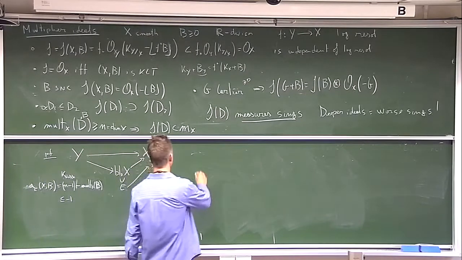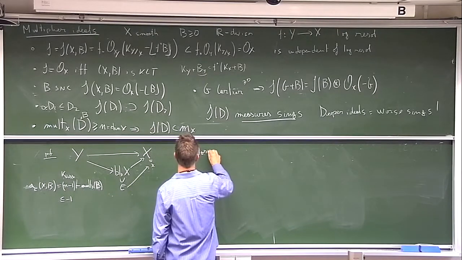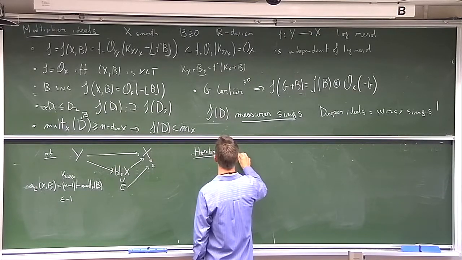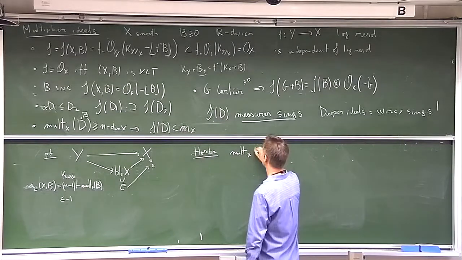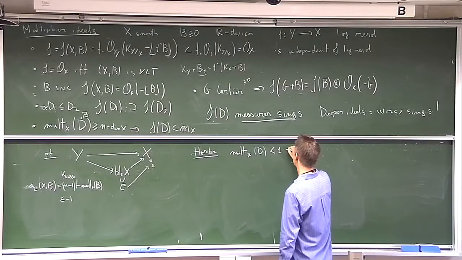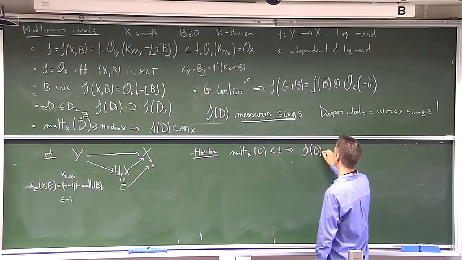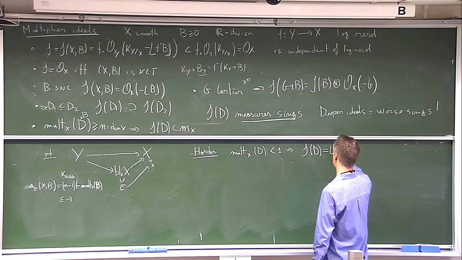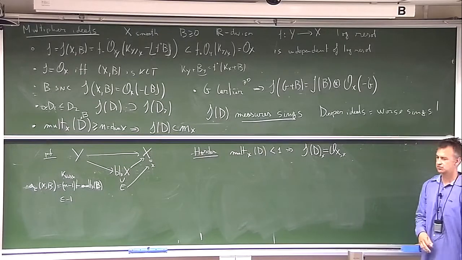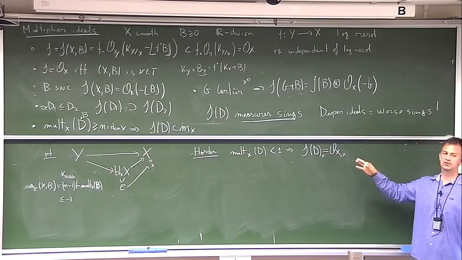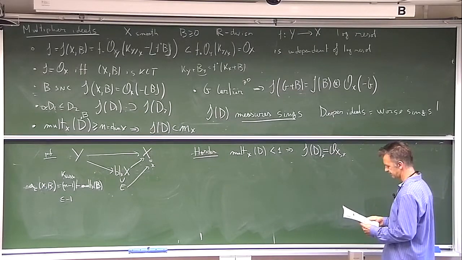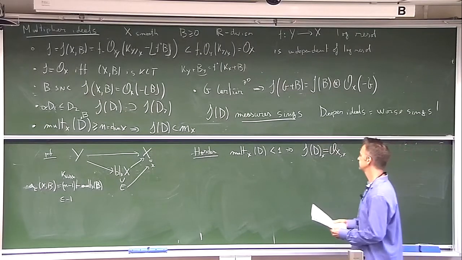Something that's slightly harder, but not much harder, which I'll discuss in a second when I tell you about restriction of multiplier ideals, is that if the multiplicity at x of D is less than 1, then the multiplier ideal sheaf of D is actually trivial, at least locally near this point x. So if the multiplicity is less than 1 for every point on your variety, then it's truly trivial. I'll show you in a few minutes.